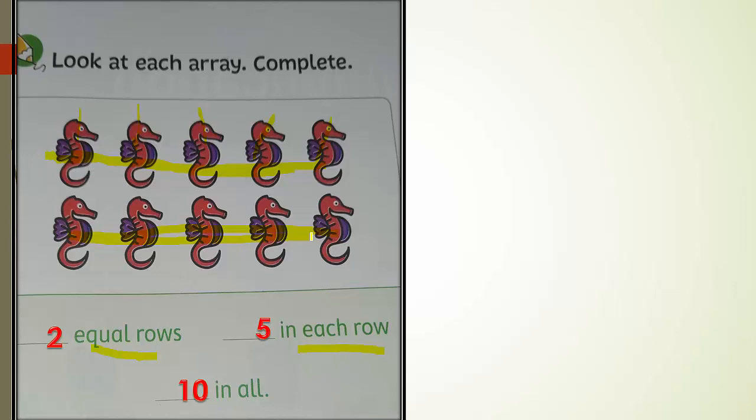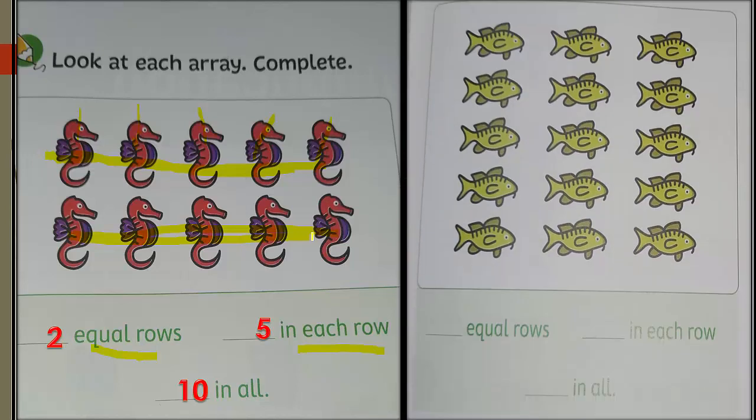Here, my students, how many equal rows here, my students? Let's see how many rows. 1, 2, 3, 4, 5. I have 5 equal rows. In each row, how many in each row? In each row, I have 1, 2, 3.